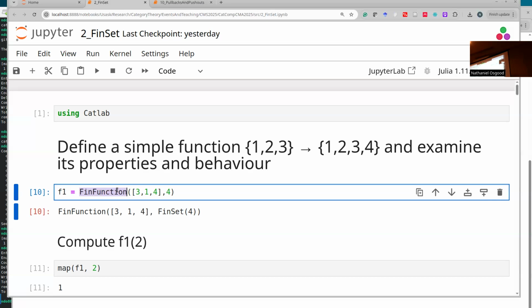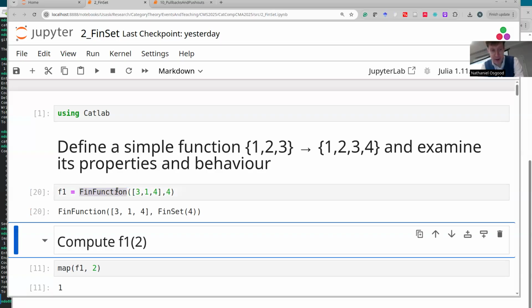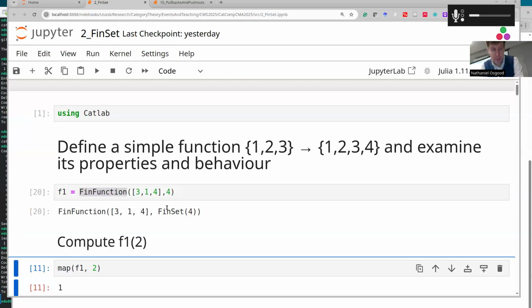But as we'll see, we have more flexibility than that because we're in FinSet, not skeleton. I'll show that in just a sec. Does that help for now? A little bit? Okay, so just to summarize, FinSet 4 is just a shorthand for the set consisting of 1, 2, 3, 4.